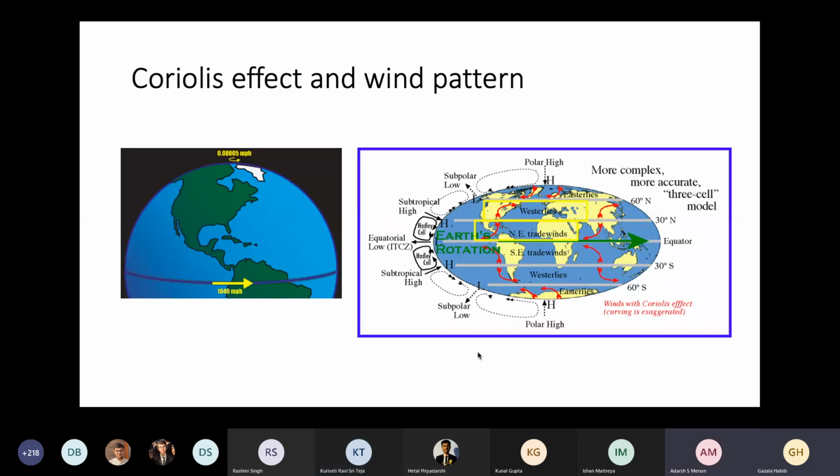I am not explaining each continent, how the pressure and wind direction change in each continent. It's an overall picture of the wind pattern, or meteorology.